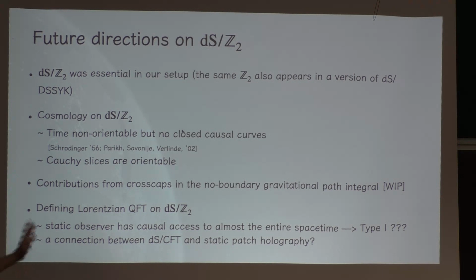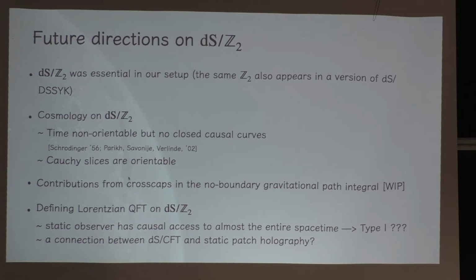But it turns out there are no closed causal curves, so it has a good causal structure. On the other hand, if we look at some science articles, there are usually arguments about why our universe cannot be non-orientable or something like that. But in this case, each Cauchy slice is orientable. It's in the time dimension that it's not orientable, but each Cauchy slice is orientable.